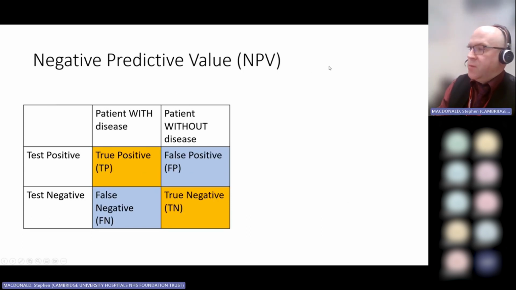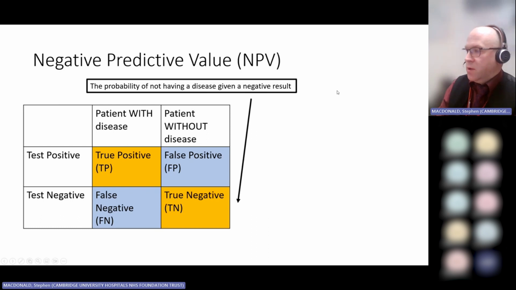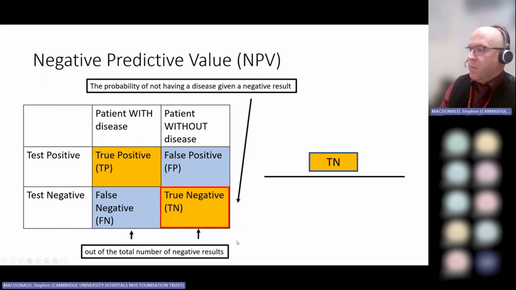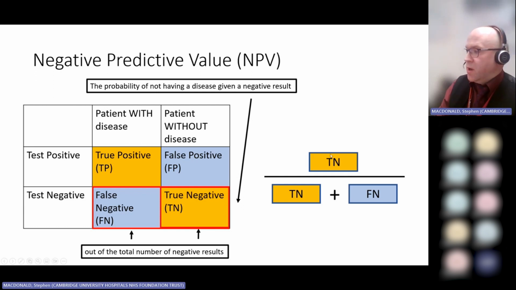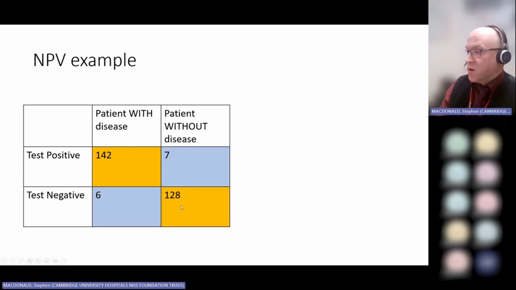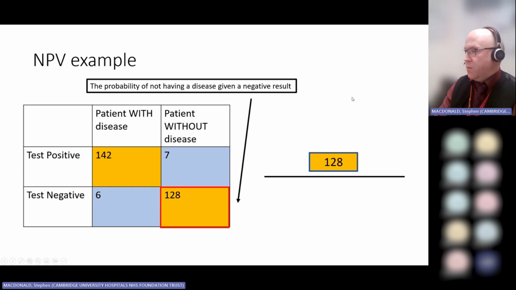And much the same as we said before, the negative predictive value is the flip side of that. So we're looking at the true negatives, but this time as a proportion of all of the negative results that we have received in those tests. So again, true negative over true negative plus false negative. We can predict without doing the maths, 128 out of 134 patients here, this is going to have a good negative predictive value as well.